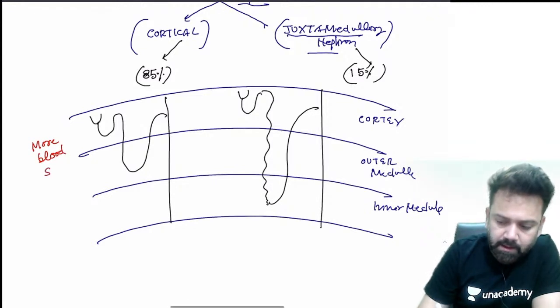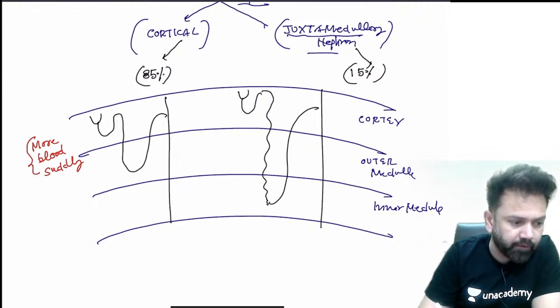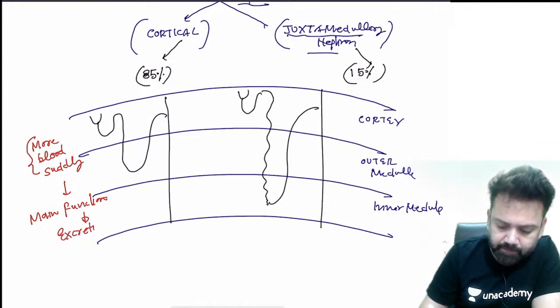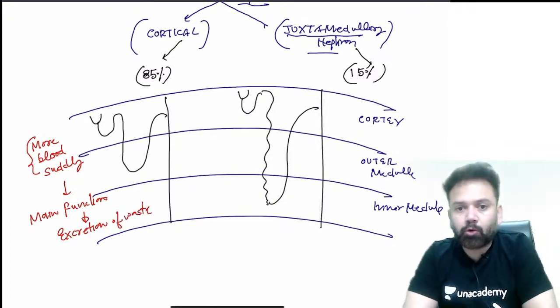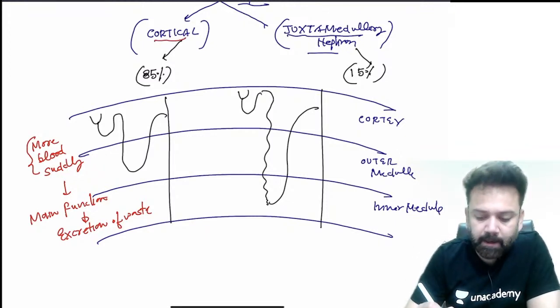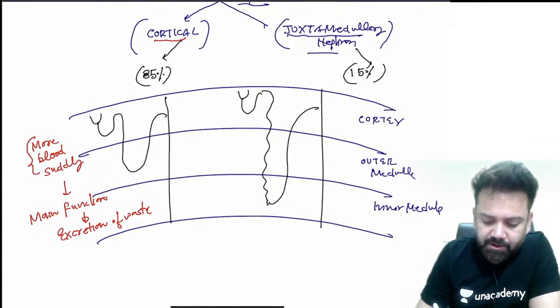The main function of cortical nephron is excretion of the waste.